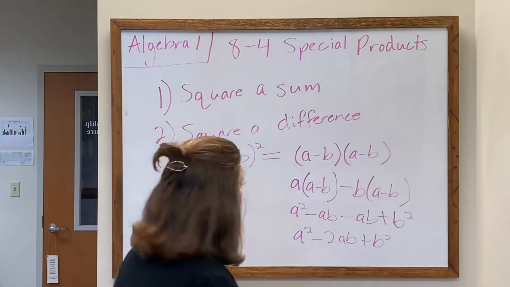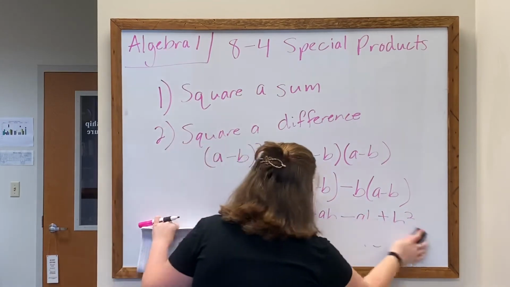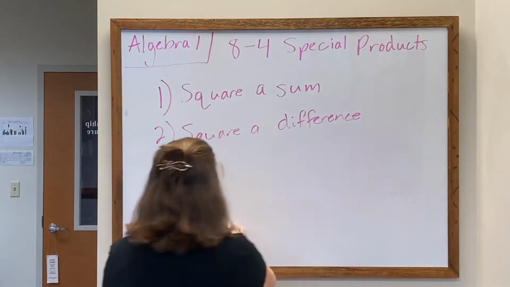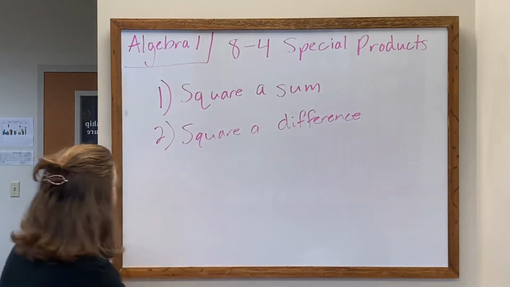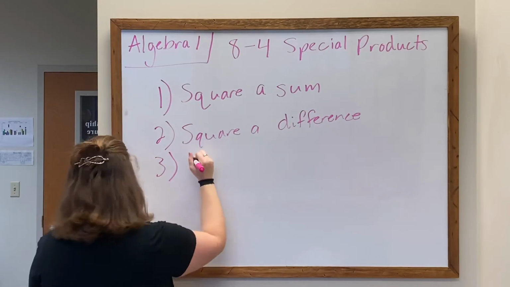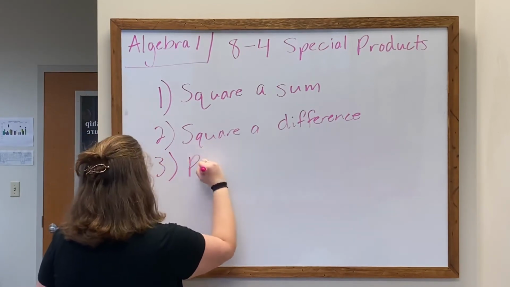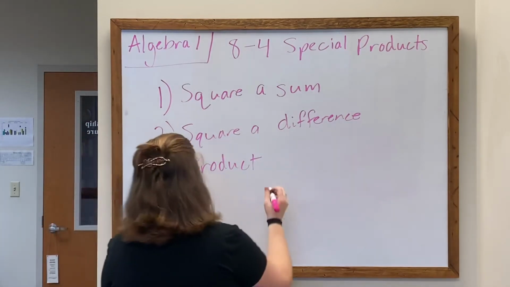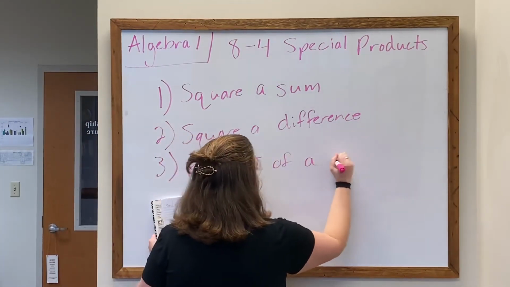All right, now there's one more special product. So we've done a square of a sum and a square of a difference. Now we're going to do the product of a sum and a difference.